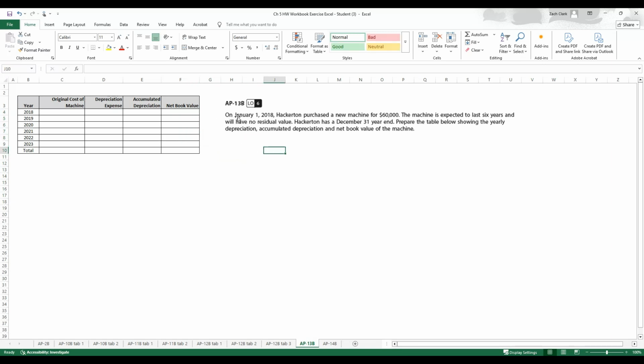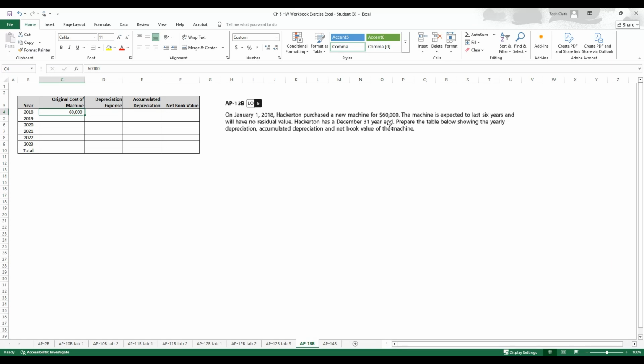So this problem tells us that on January 1st, we purchased a new machine for $60,000. So we can put $60,000 in here, the cost of the machine. The machine is expected to last 6 years, have no residual value, so we don't need to worry about residual value for our depreciation calculation.